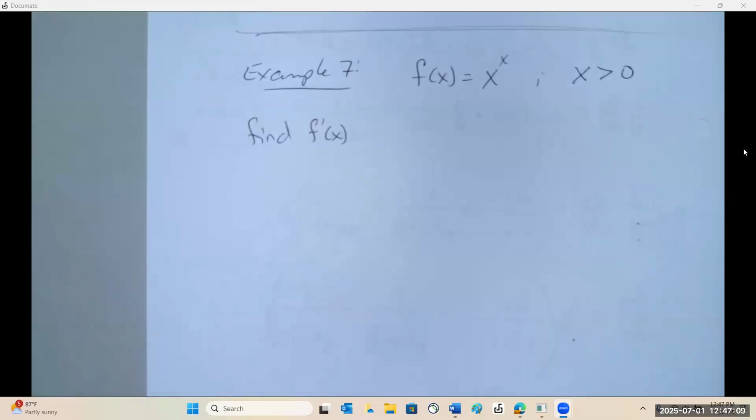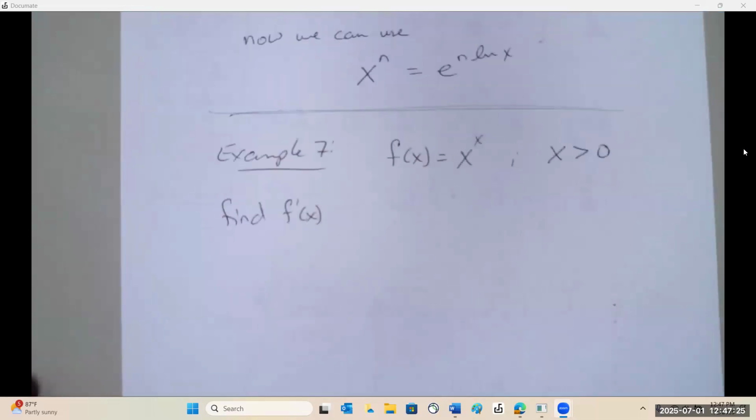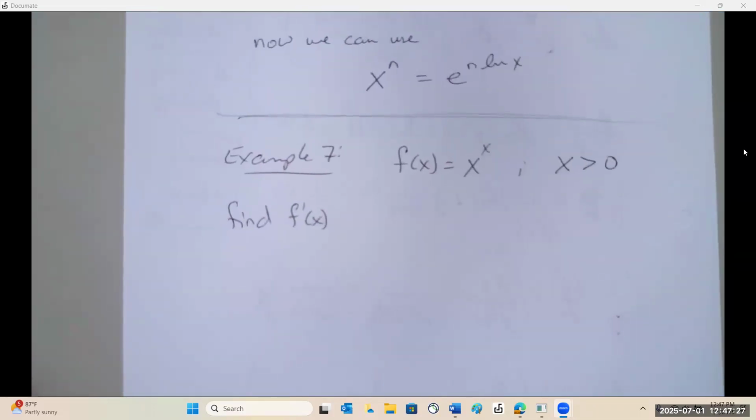Differentiate it. When I say differentiate, what do I mean? Derivative. Take a derivative of it. I'll give you the clue of what you're going to need to use.